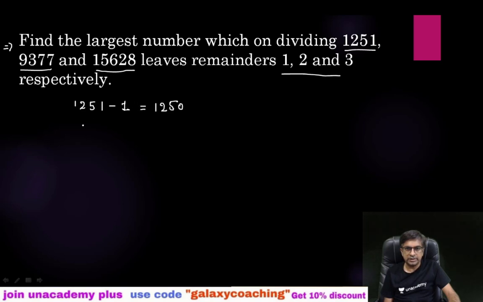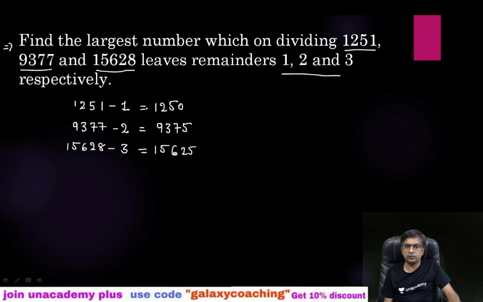1250. Now 9377, in this we need remainder 2, so subtract 2 from that, and you will get 9375. Then 15628 minus 3 will give you 15625.